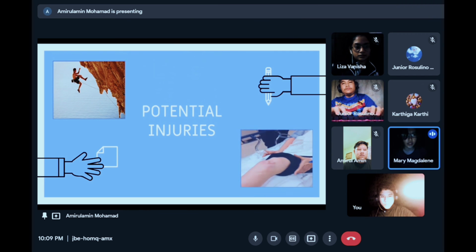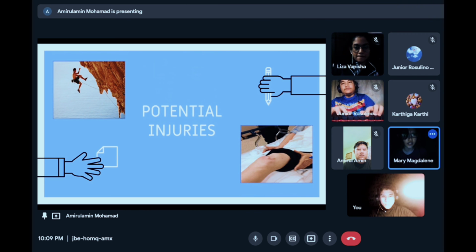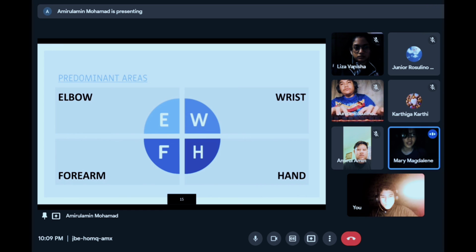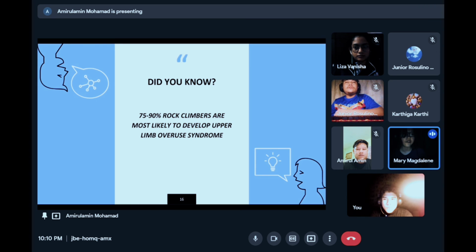The next one we'll talk about is the potential injuries that you can get while you do rock climbing. Some of the predominant areas of impairment that can be injured during rock climbing are the elbow, wrist, forearm, and hand. Almost 75 to 90% of rock climbers are likely to develop an upper limb overuse syndrome.